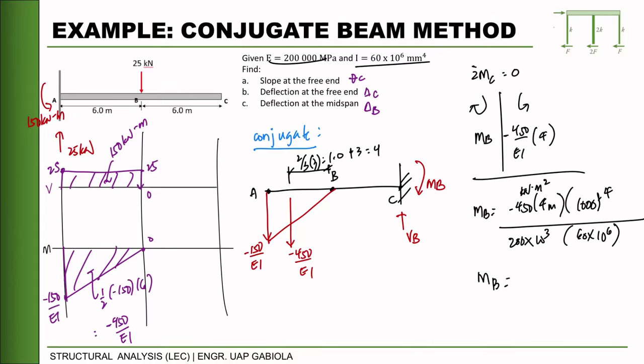So that is 37.5 times 4, negative 150. Okay, this is in moment, so slope, rather deflection.